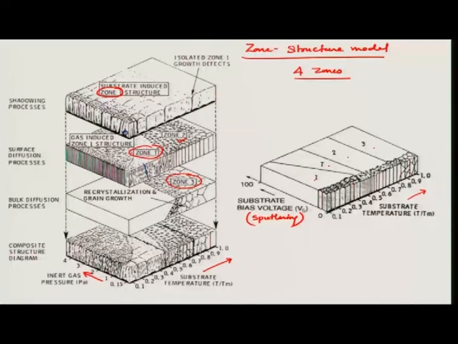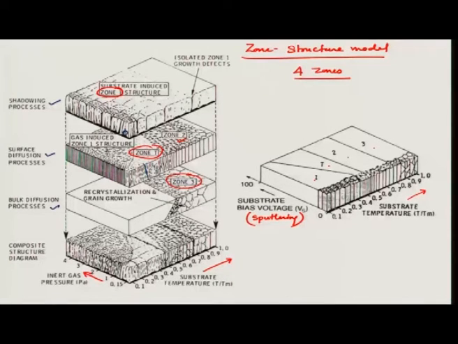In zone 3, at higher temperatures, you have large grains of no preferred orientation, so these are no longer like columns. So, these are the different zones in a very complicated process: zone 1 is governed by the shadowing process, zone T and zone 2 by surface diffusion, and zone 3 by bulk diffusion.